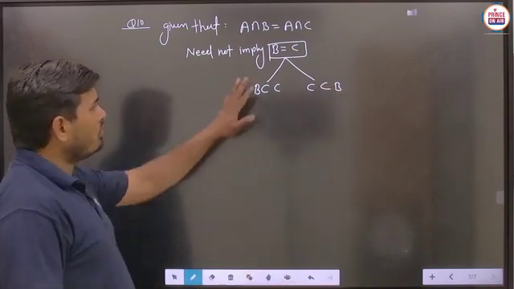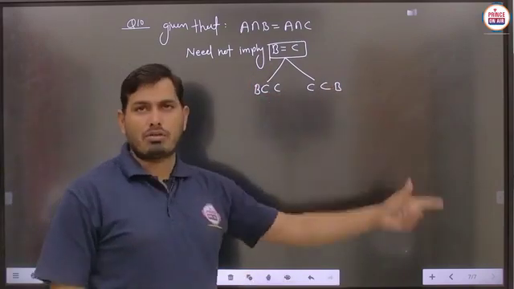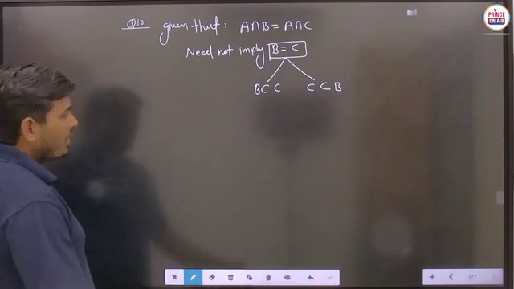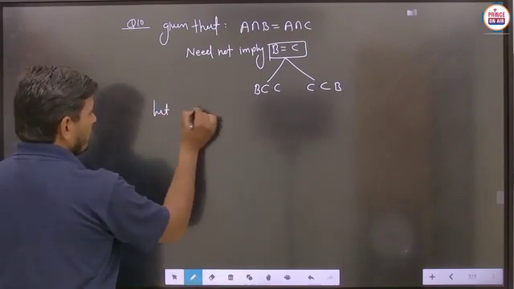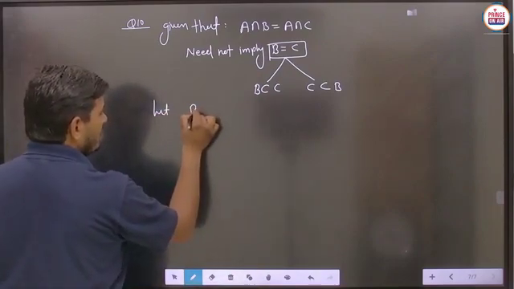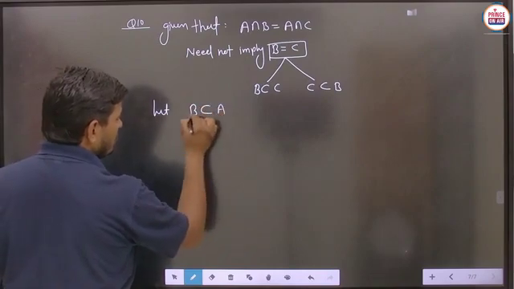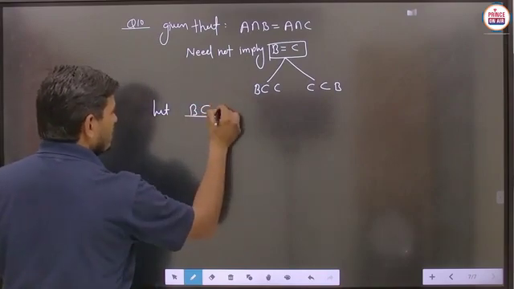Suppose we want to prove this B equals C, then we have to prove these two things. Is it clear? Now for the very first part, B is a subset of C, we will take this thing.